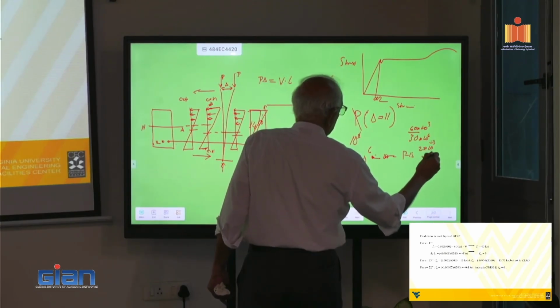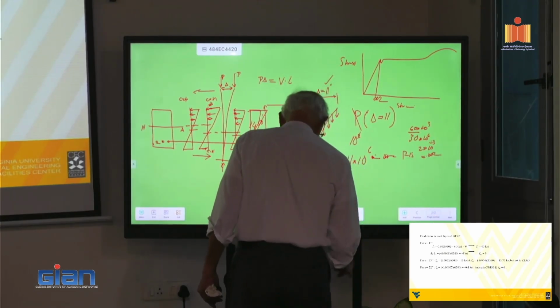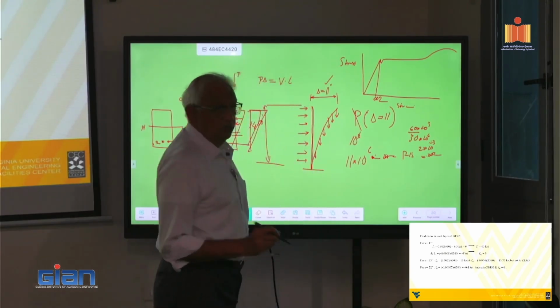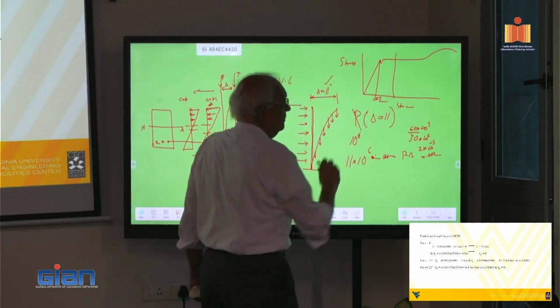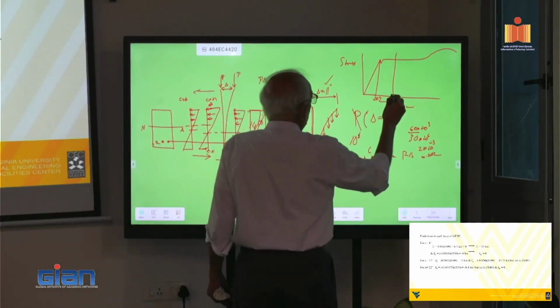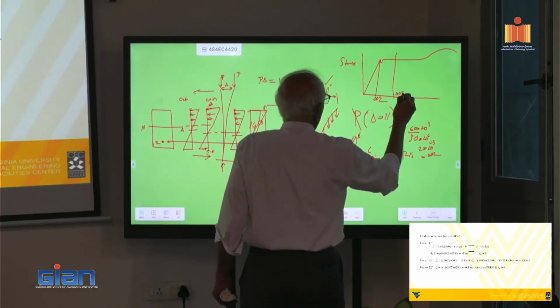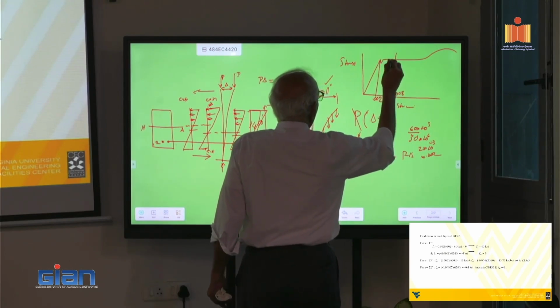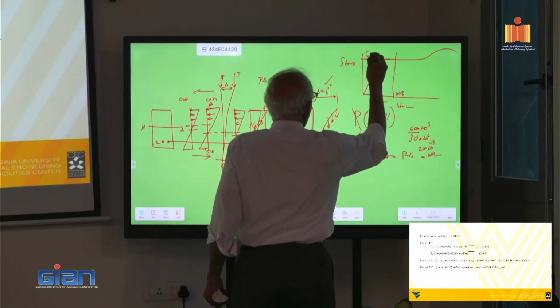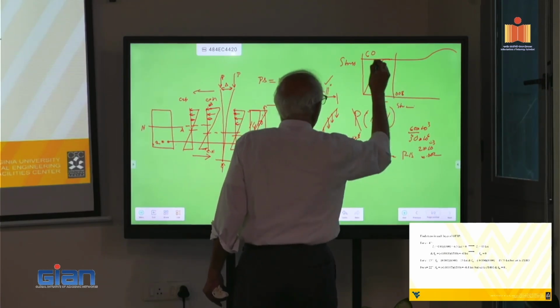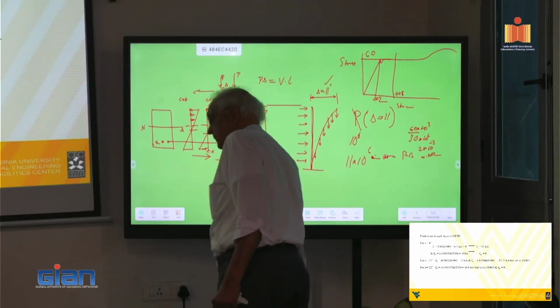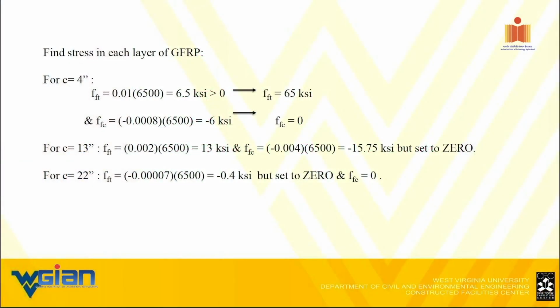That is 0.002. Correct? Now my strain has exceeded, I'm here, meaning I have 0.004 or 0.008, whatever. My yield value is still 60, whether I'm at 0.002 or at 0.008, it is still 60. My stress does not exceed; my strain does exceed, but it doesn't matter beyond a point.